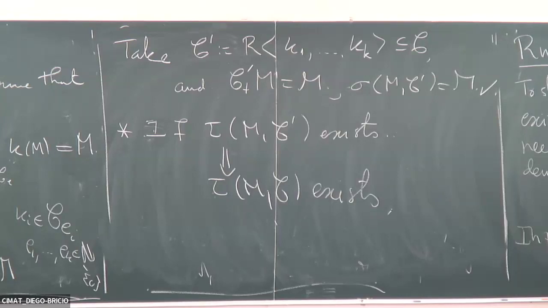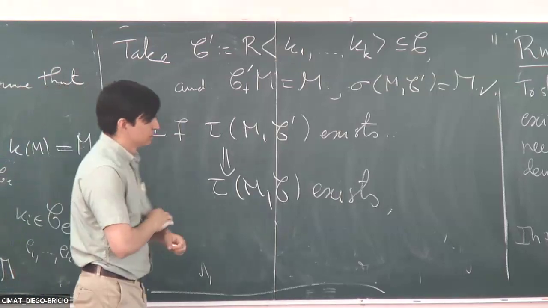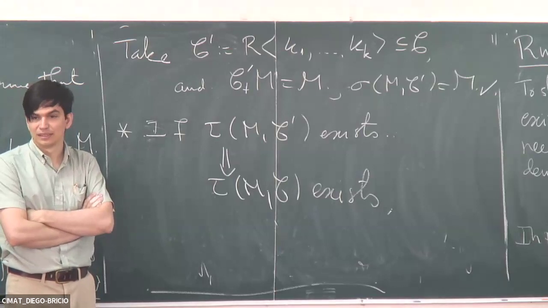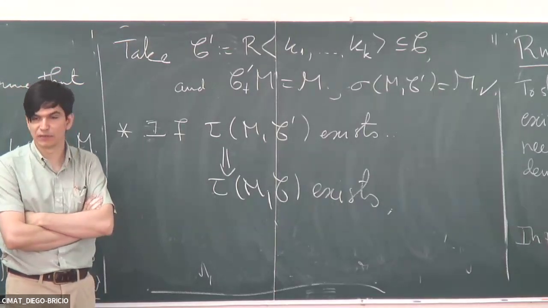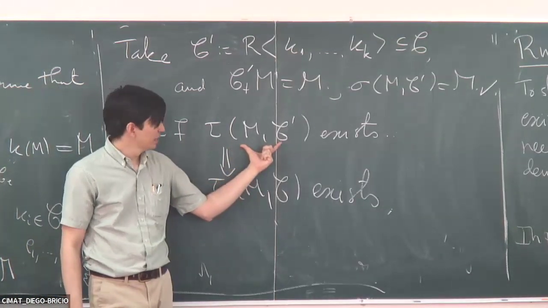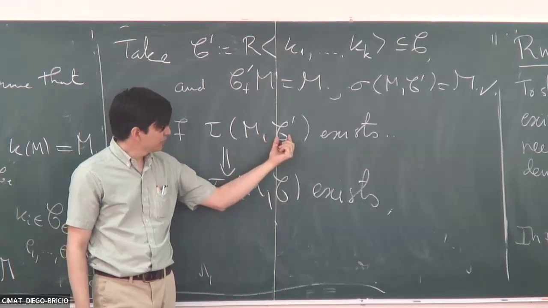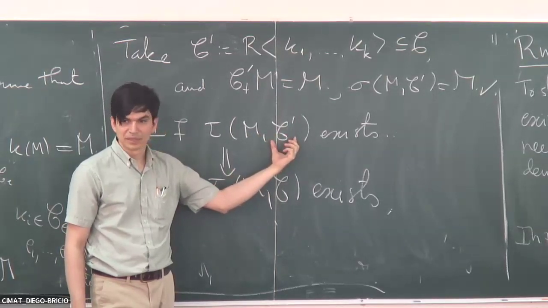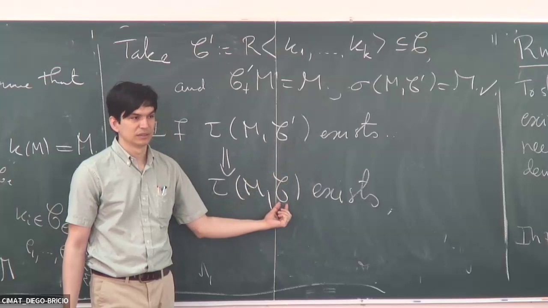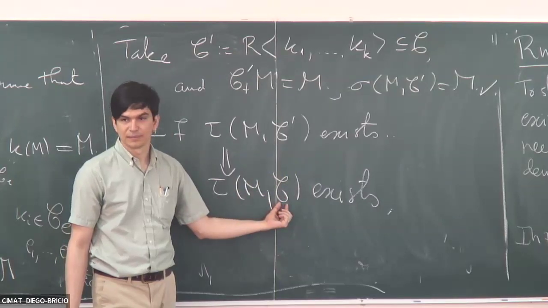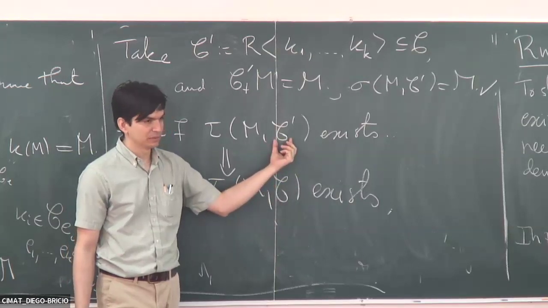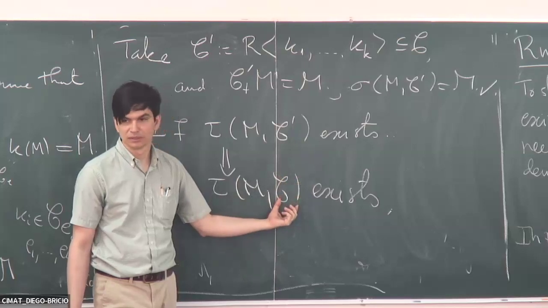What have we learned today? That the existence is a phenomenon about generic F-regularity. So if this exists, it means that M is generically F-regular with respect to C prime. But if it is F-regular with respect to C prime, it is F-regular with respect to C. Because any Cartier module with respect to C prime is a Cartier module with respect to C. Sorry, the other way around.